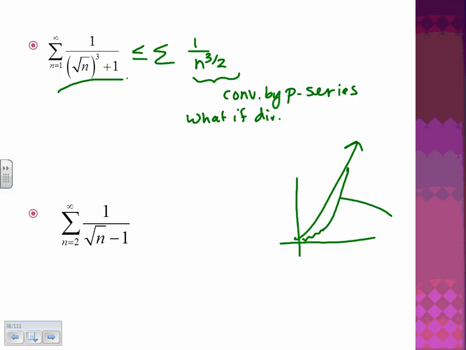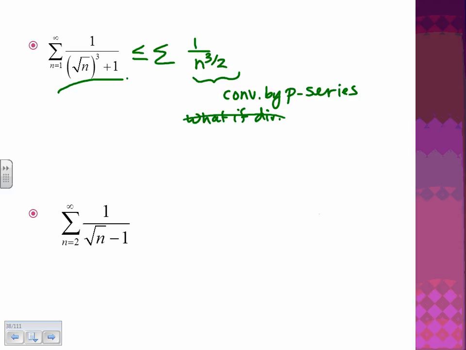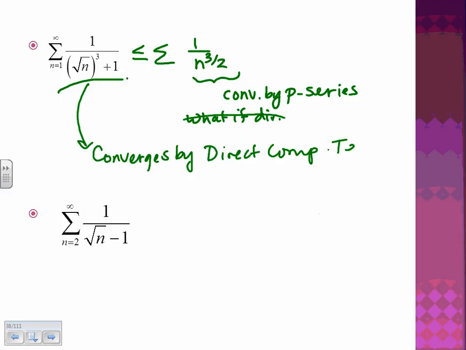But this one worked out for us. It definitely converged by the p series. And it's bigger, so what does this guy do? Tyler, keep going for me. Very good. Alright, do the next one.